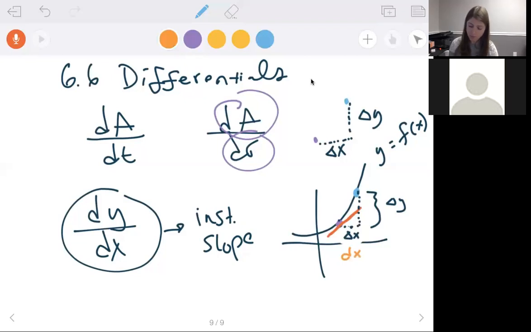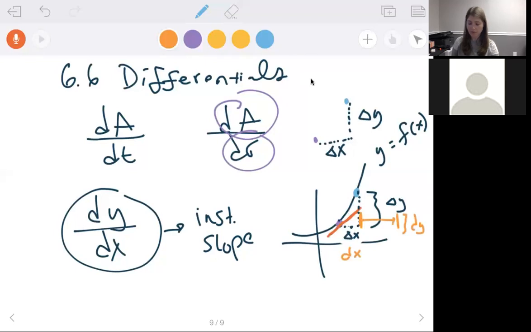But the dy that we look at is going to be controlled by that slope line. In other words, the dy, instead of going all the way up to the function, goes to the derivative's approximation. In other words, the derivative is showing what's happening at the function at that point. And so this piece, the orange piece, that piece is the dy.